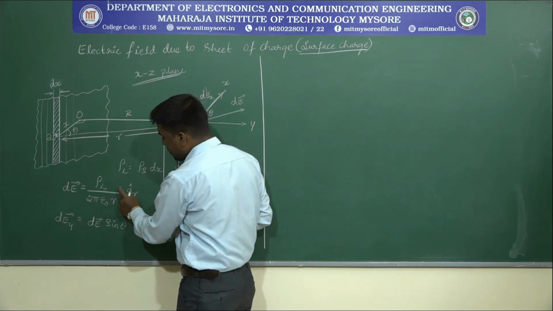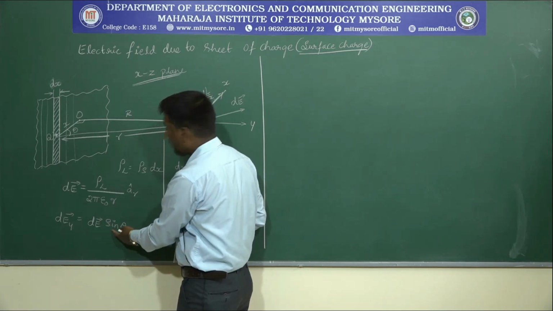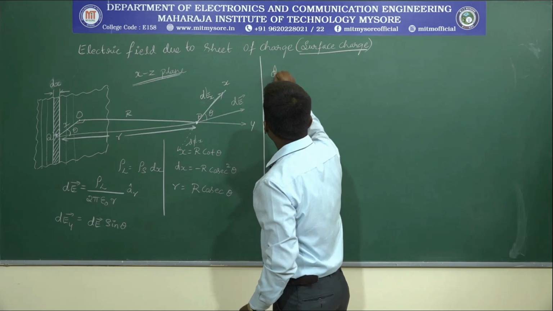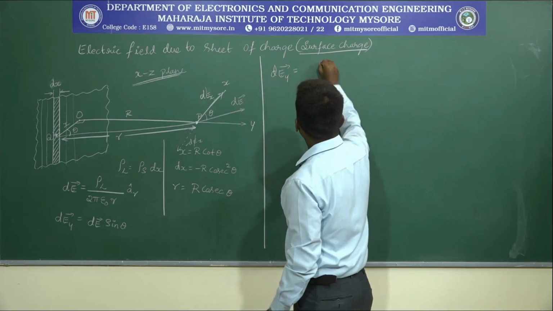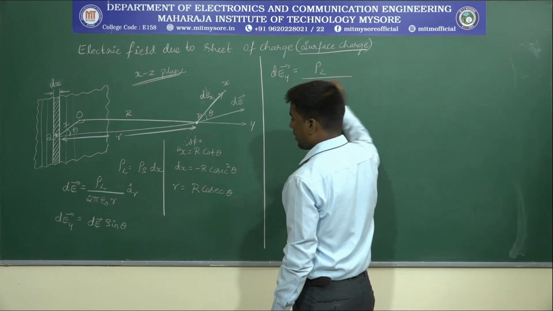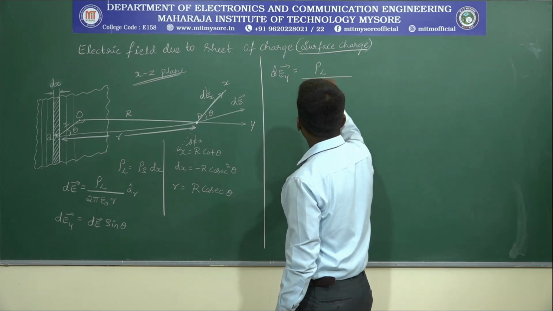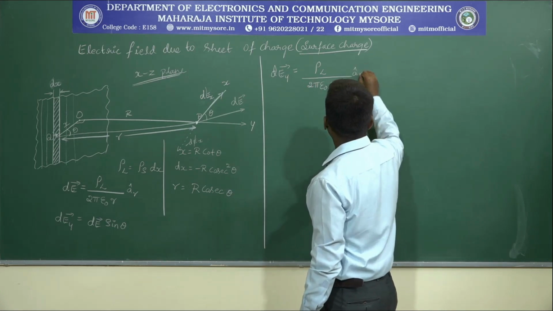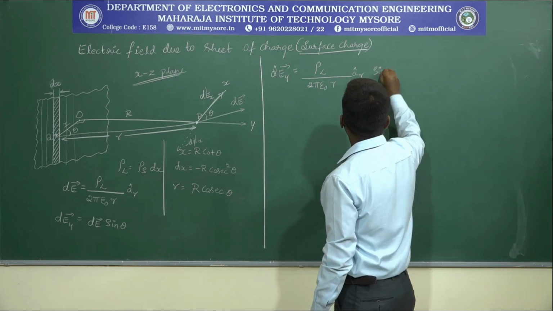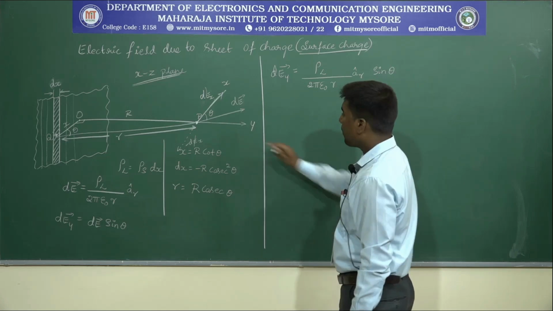Then substitute this equation into the dEy component. Therefore, the dEy component is equal to rho L divided by 2 pi epsilon naught into r into a cap r into sin theta. What is rho L?